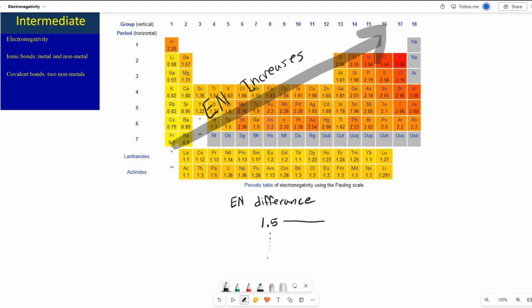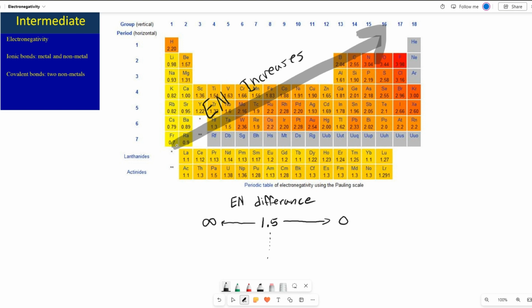And then we can go all the way down to 0 as far as a difference of electronegativity. That would be if two of the exact same atom were bonding with each other, they'd have the exact same electronegativity, so their electronegativity difference would be 0. And then theoretically all the way up to infinity, but you're never going to get that high.